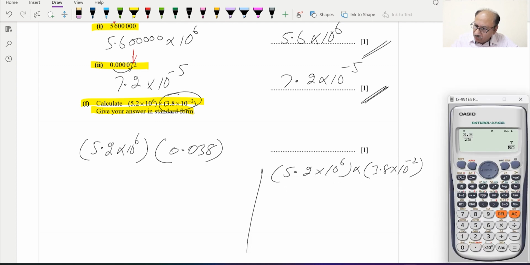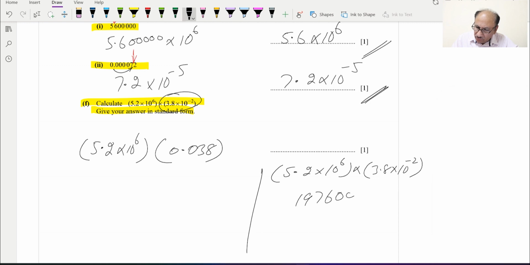You can do one thing: type 5.2 into 10 raised to the power 6 in brackets, close the bracket, and multiply by 3.8 into 10 raised to the power minus 2 in brackets, and press equal to. So we are getting 197600.